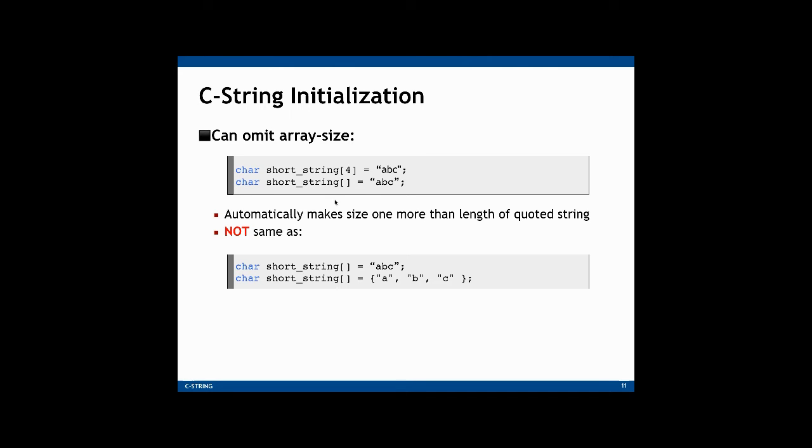And in this way of initialization, we omit the array size. In this case, C++ will automatically make the size of the C string variable one more than the length of the string in order to store the null character. So here the size of this short string variable will be 4.